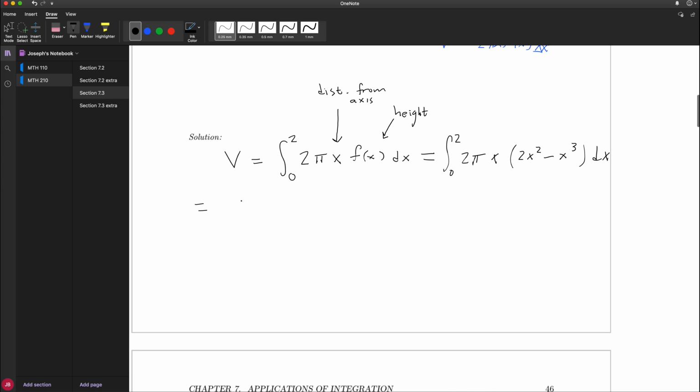We have some foiling to do here. We should distribute that out: the integral from 0 to 2 of 2 pi times 2x cubed minus x to the 4 dx. The antiderivative of which is x to the 4th over 2 minus x to the 5th over 5.